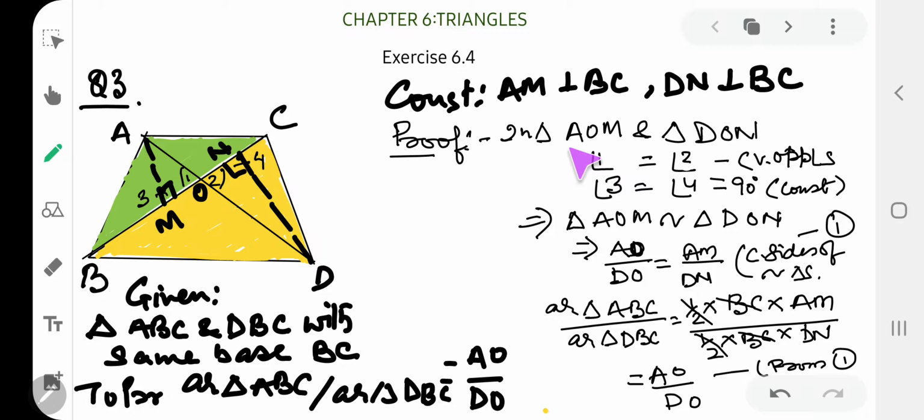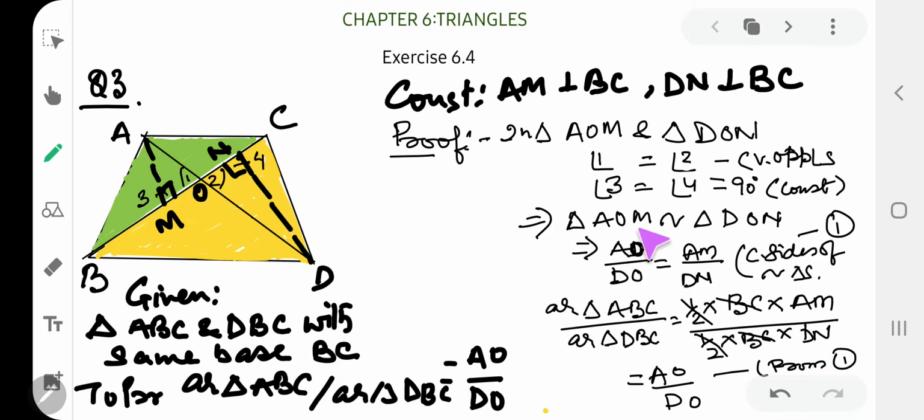So same I have written here. We have taken triangle AOM, triangle DON. Two angles are equal, therefore triangles are similar. Let's name them AOM. Angle O is equal to angle O. That's why O is at second place in both the sides.